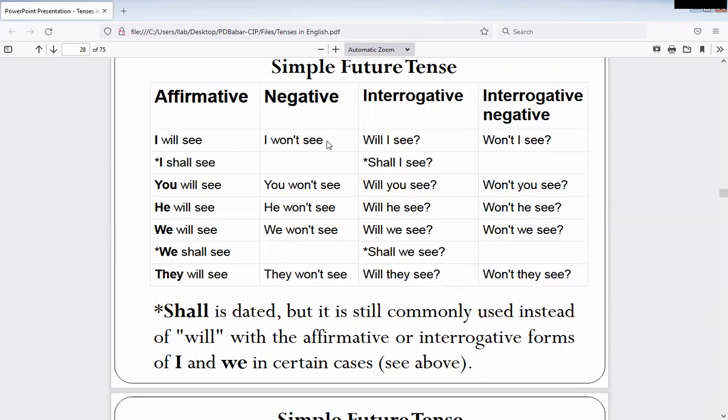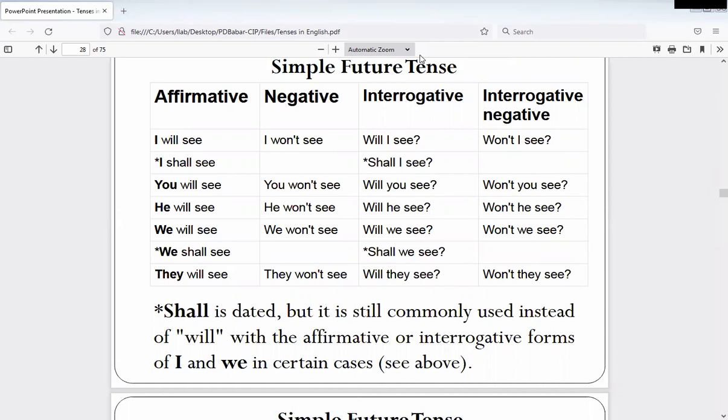Its interrogative will be, for making the interrogative, we are starting with the question word: will I see, and its negative interrogative will be won't I see. So I will see, I won't see, will I see, won't I see. These are some of the structures that we are using.